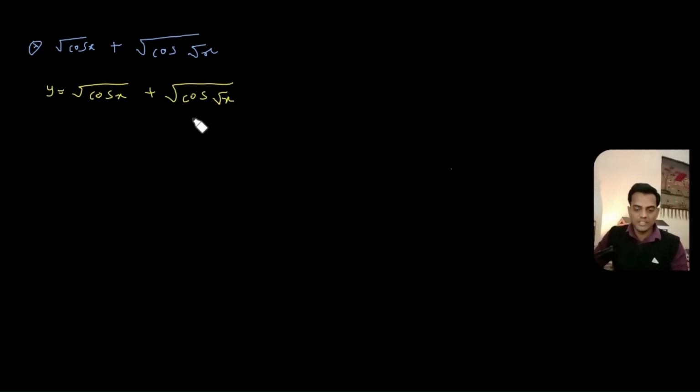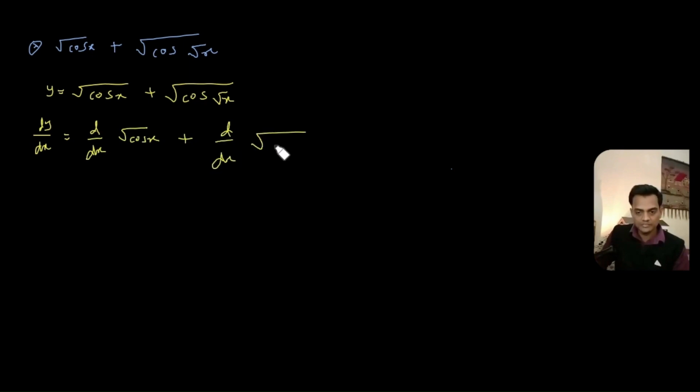So we will take the derivative on both the sides. So it will be evaluated to dy by dx is equal to, first of all, the derivative of the square root of cos x, and then we will add the derivative of this particular term. Now the derivative of the square root of something we know, 1 upon 2 square root of that particular term.